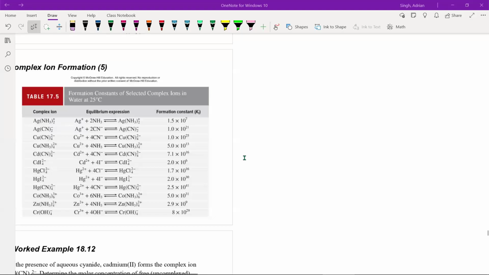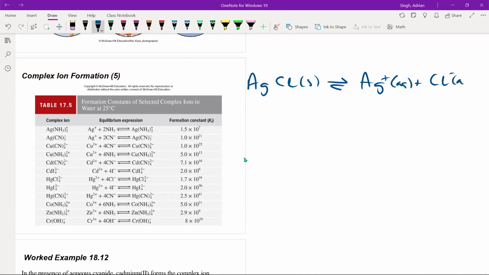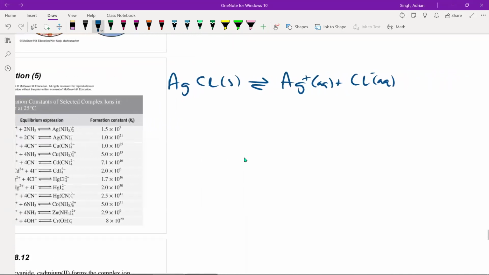So let's take a look at one more example of how complex ion formation can affect solubility. We've seen this equation before: AgCl solid forms Ag+ (aq) and Cl- (aq).